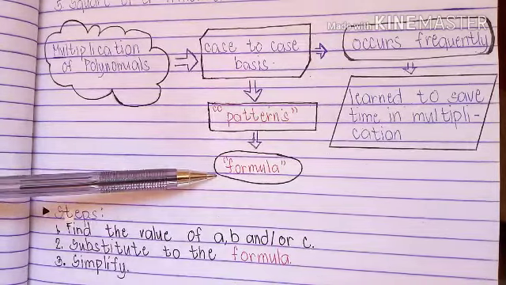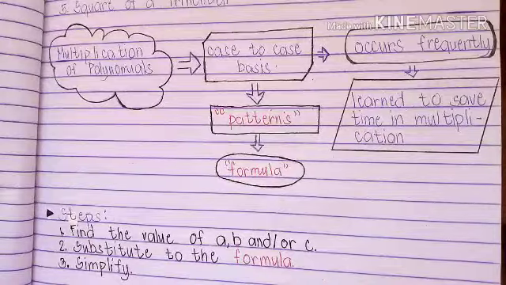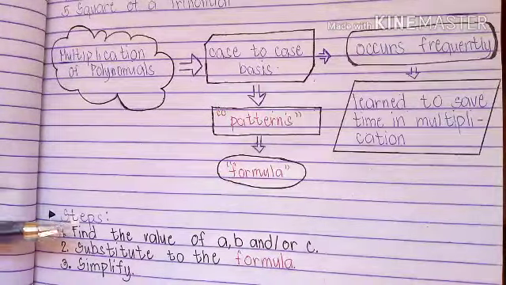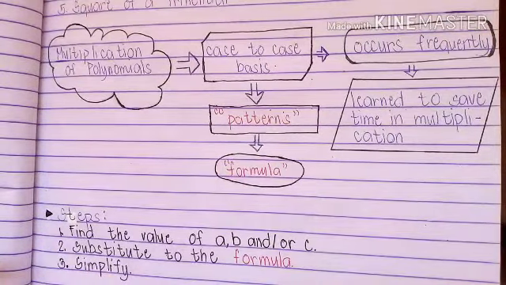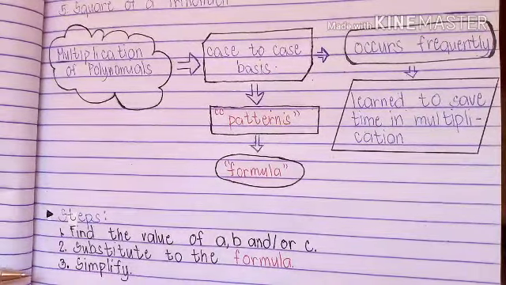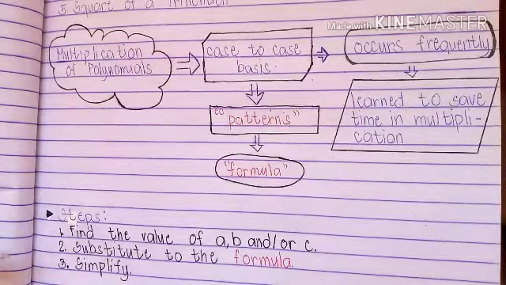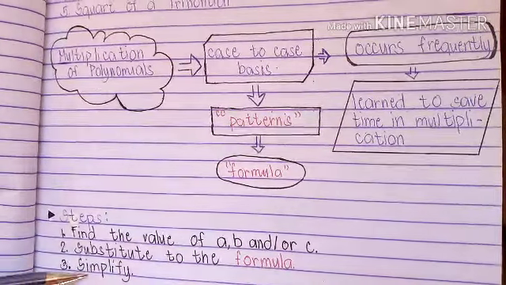When we solve using the formula, we're gonna follow these steps. First, we have to find the value of A, B, and C. Number 2, we substitute to the formula that is given, and therefore we can simplify.